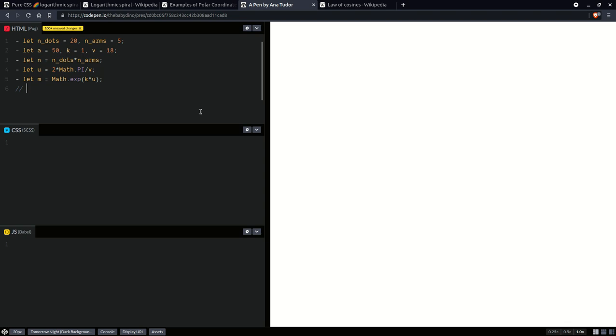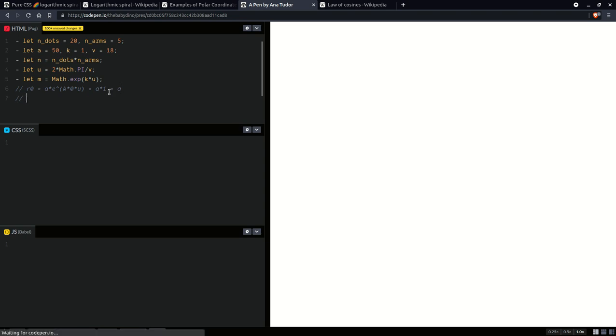So for the first one, the first radius, r0, it's going to be a times e raised to the power k times 0 times the unit angle. Now this is just going to be a, because anything raised to the power 0 is going to be 1, because it's a times 1, so a. Okay?